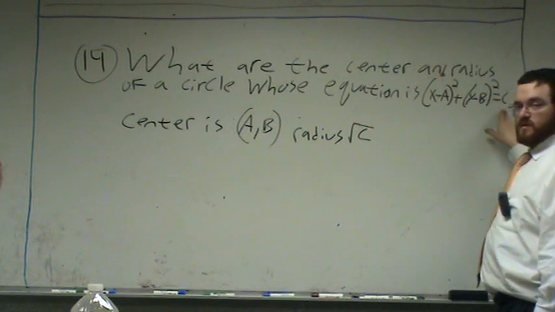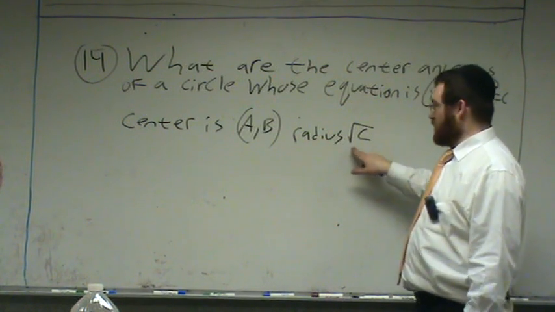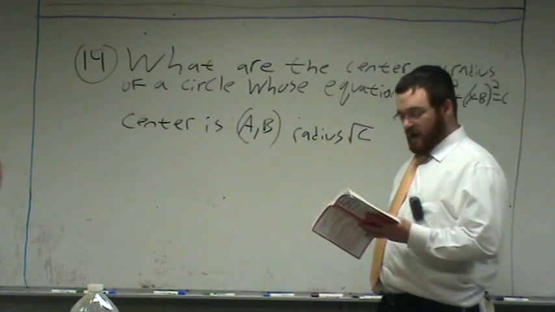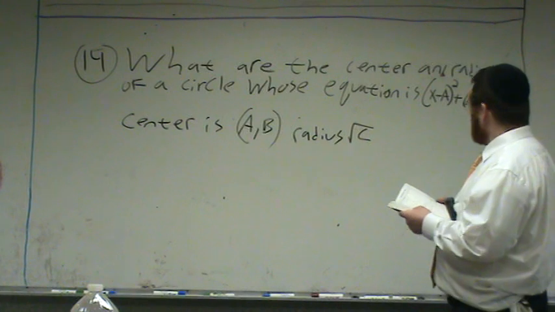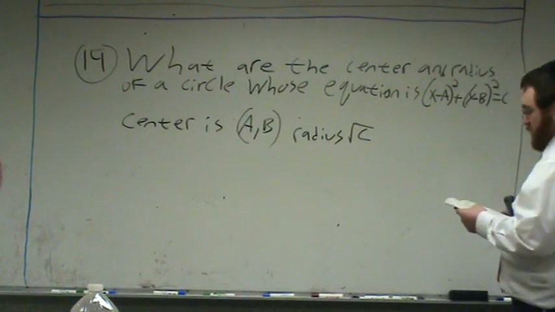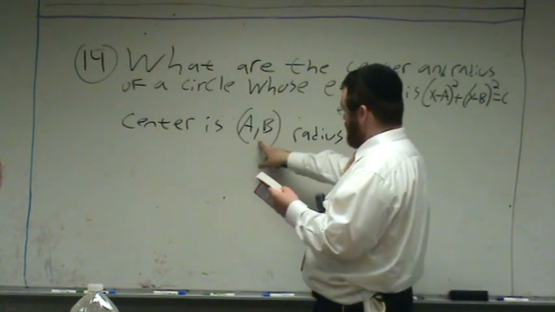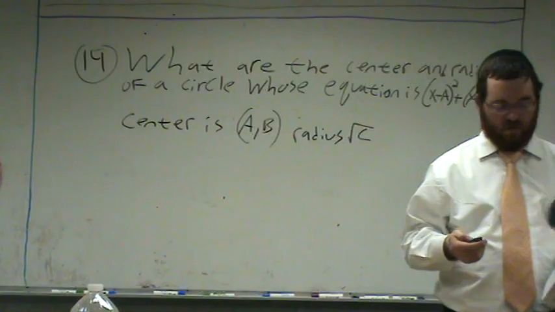If the radius squared is c, then the square root of that is the radius. So the square root of c is radical c. And that answer happens to be, it does not happen to be answer 2. The center is (a, b), and the radius is radical c, which is answer 3.